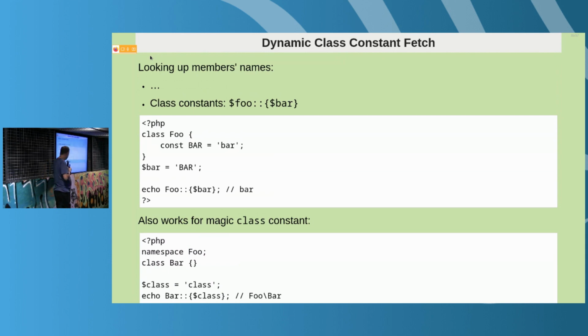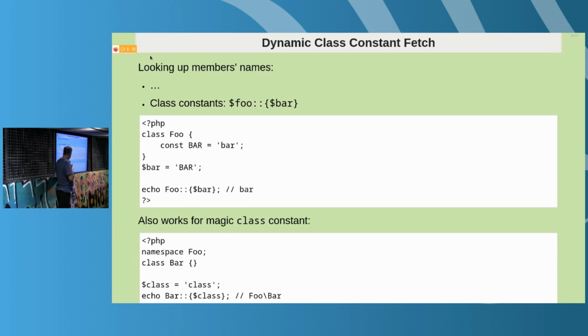Interestingly, we also made this work for the class constant itself. Sorry, for class. So class is a constant that works on every class, but it is fake. It's something PHP does by replacing it with the fully qualified name of the class. And now you can also do that dynamically.